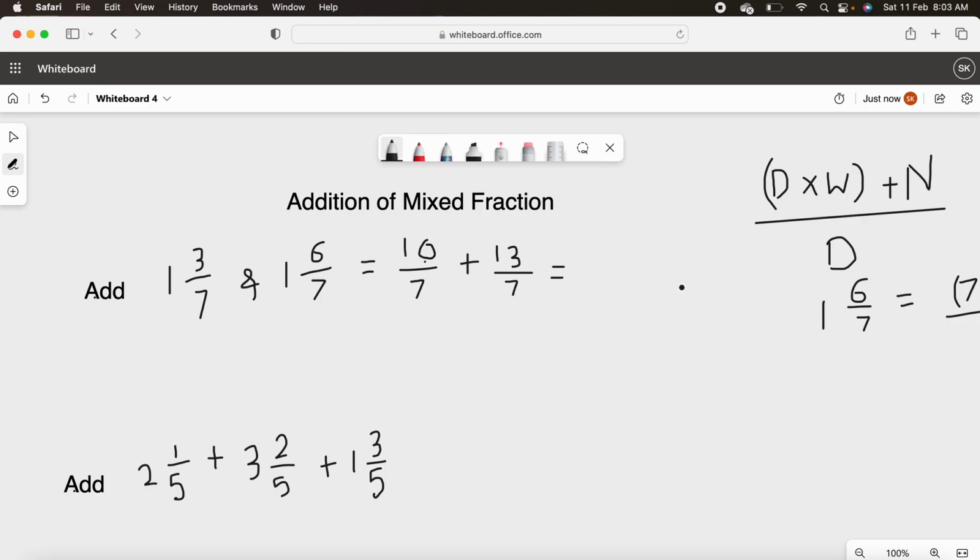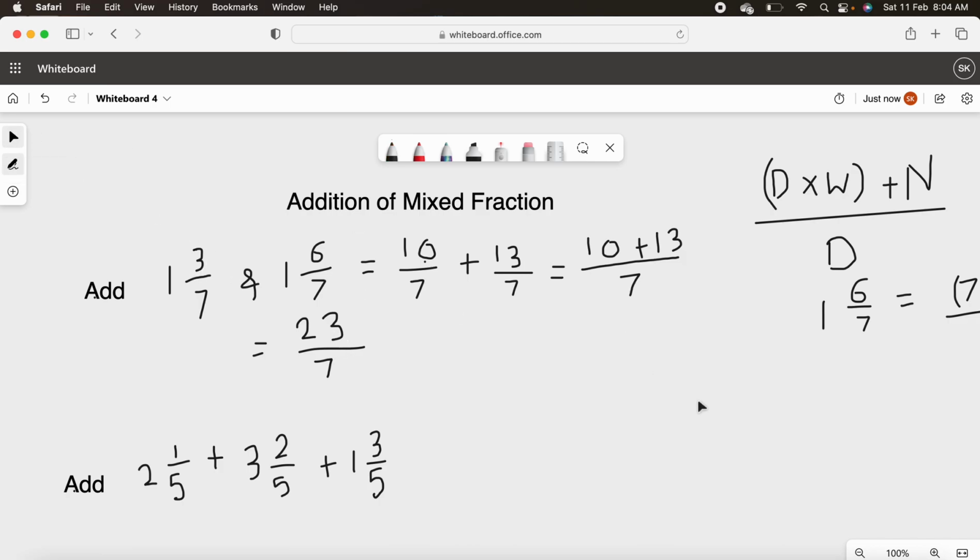You don't add the denominator, you just write it as one denominator like this, and add the numerator, 10 plus 13, which becomes what, boys? 23 by 7. Now, since this is a mixed fraction, you need to convert this improper fraction also into mixed fraction.